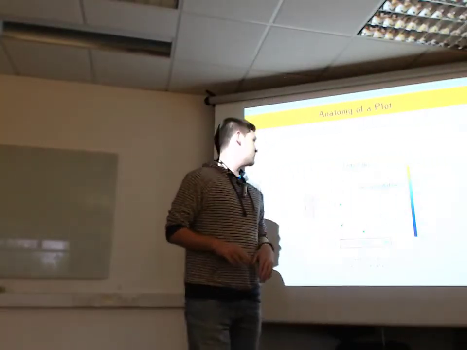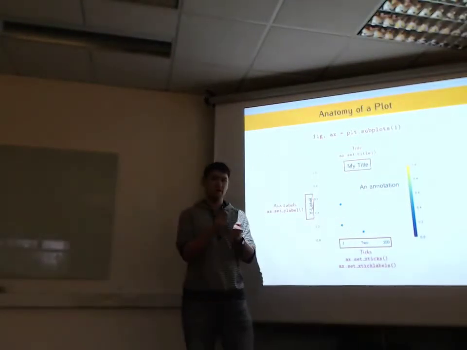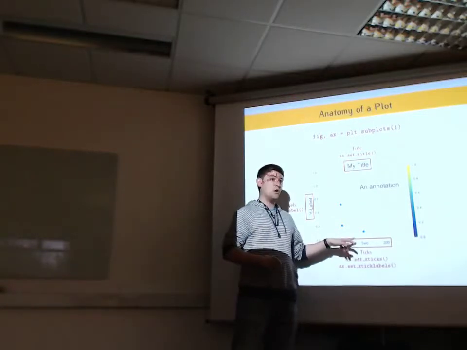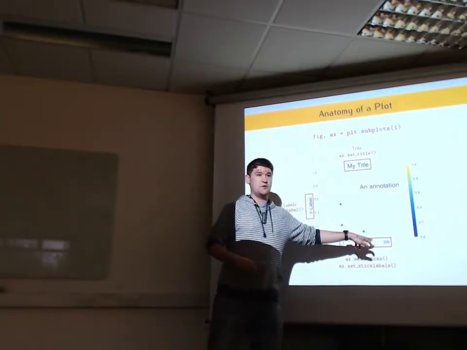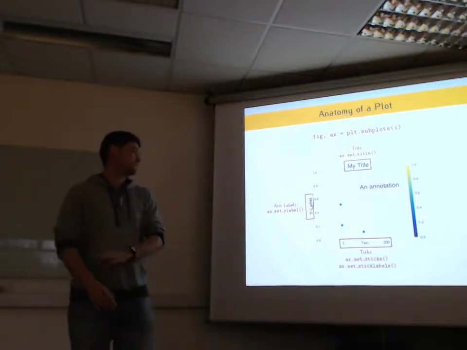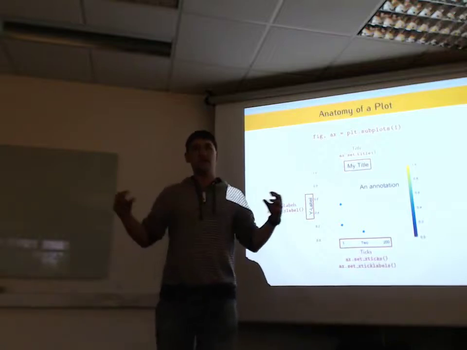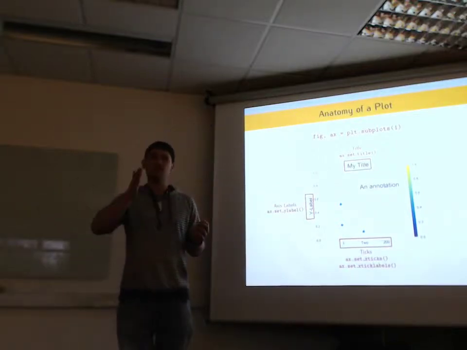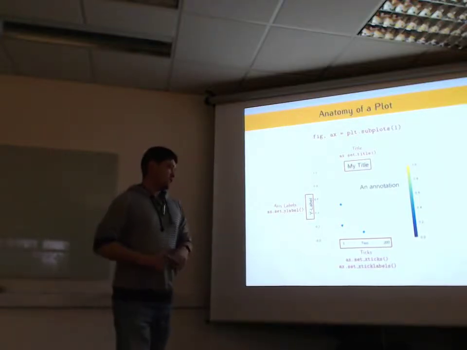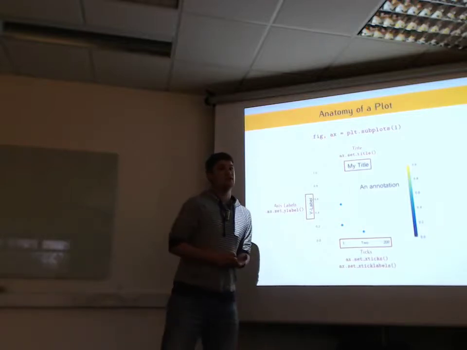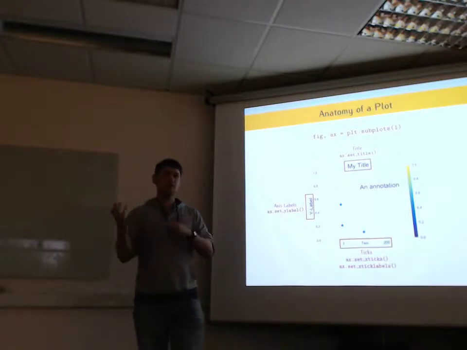Your ticks then. The ticks are both the positions of your grid lines and where your data is going to lie, and also what is shown on your axis, the little numbers that come up on the side of your axes. To set your ticks, ax.set_xticks takes in a list of values where those grid lines and those labels are going to be on the axes. If you're using quantitative data, then the labels of your ticks are just their positions.